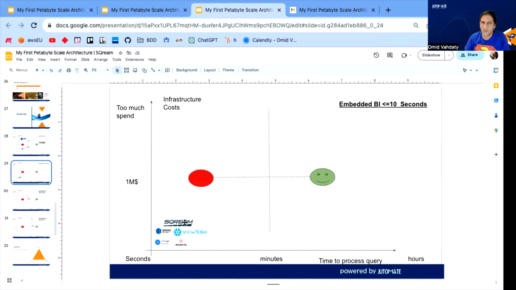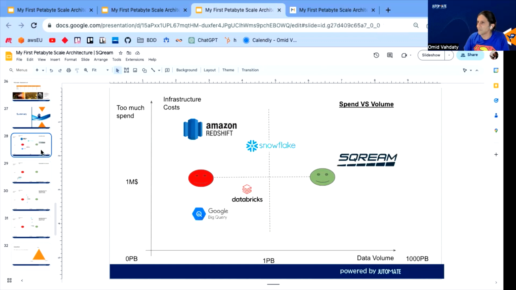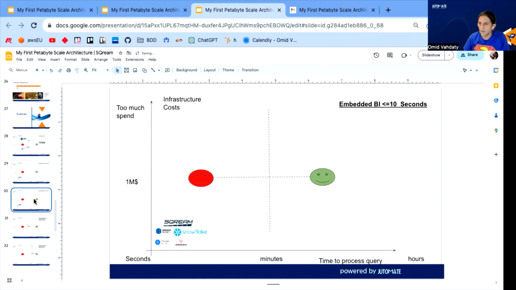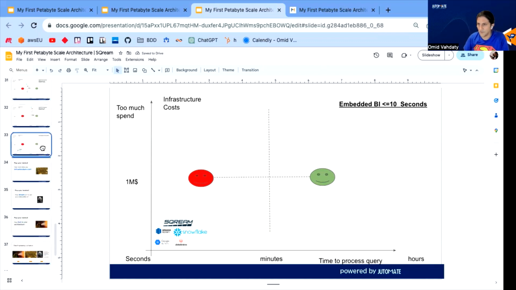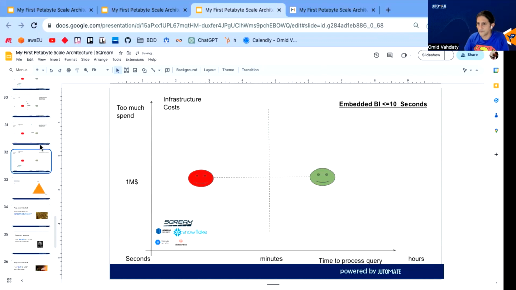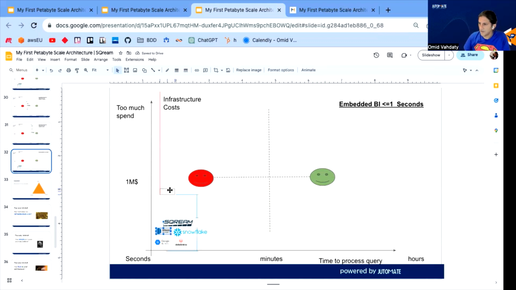So why did I mention this for the embedded use case? Because if you talk about sub-second, these you will be spending more.